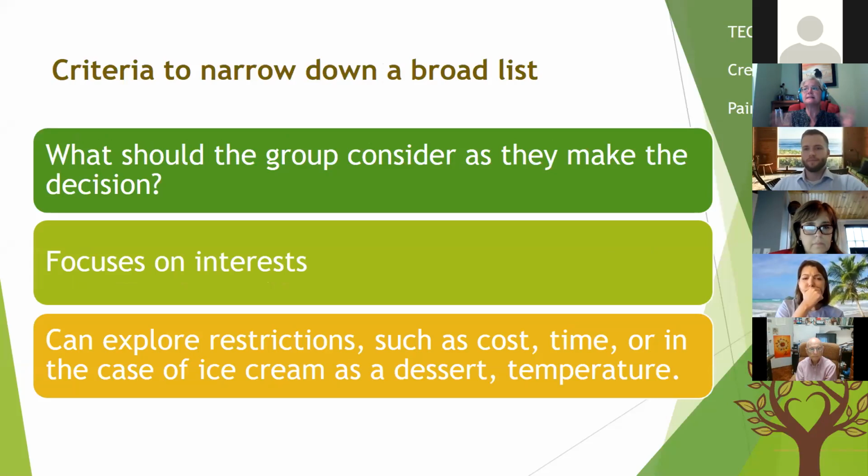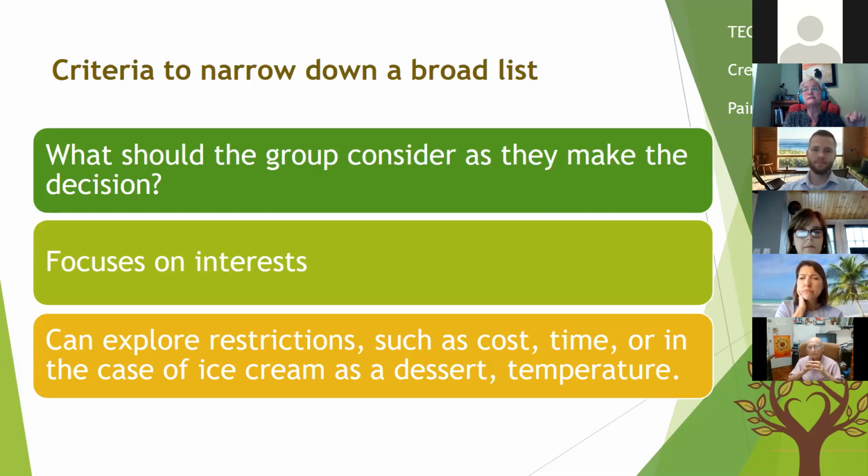And so basically that's what criteria are, is what is it that this group should be considering and how we make the decision. Those criteria might focus on interests, and those could be personal interests, like I love chocolate and I have to have chocolate brownies. Whatever we have, I don't care what it is, it's got to have chocolate in it. So could be chocolate chip cookies, could be chocolate brownies.